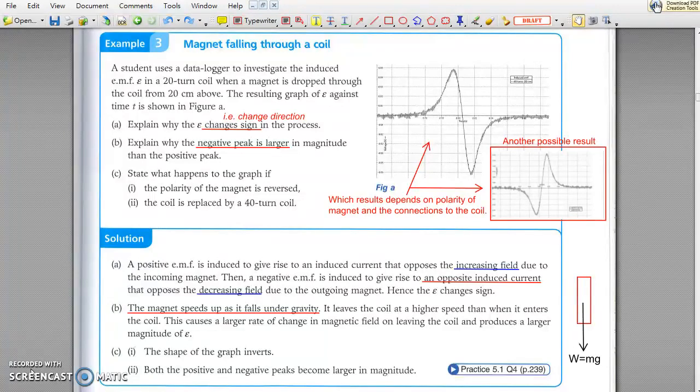But still, most potential energy loss becomes kinetic energy of the bar magnet. In terms of forces, the bar magnet experiences a small upward magnetic force when it is entering and also leaving the coil. The free body diagram can explain why its downward acceleration is slightly smaller than g.